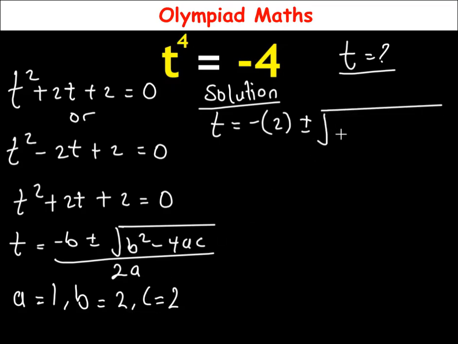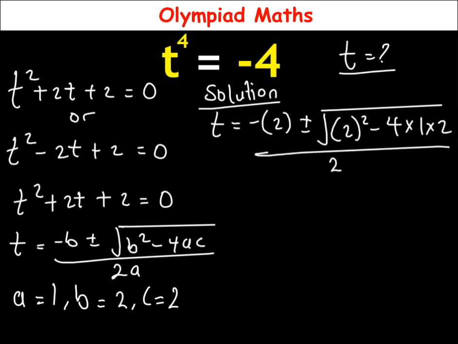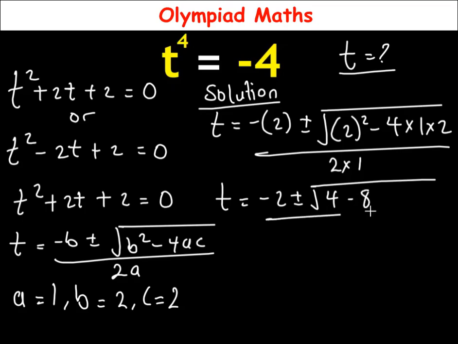Now, b is 2, so (2) all squared, minus 4 times a, which is 1, times c, which is 2, all over 2 times a, which is 1, 2 times 1. So with this, t is equal to minus 2 plus or minus the square root of 2 squared, which is 4, minus 4 times 1 times 2, which is 8, all over 2 times 1, which is 2.